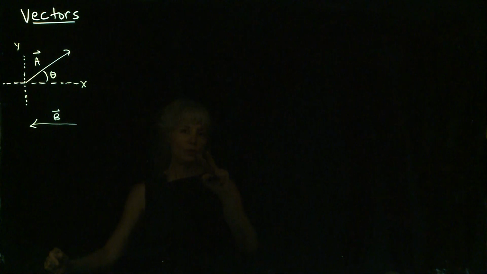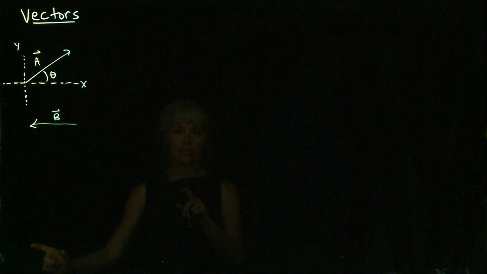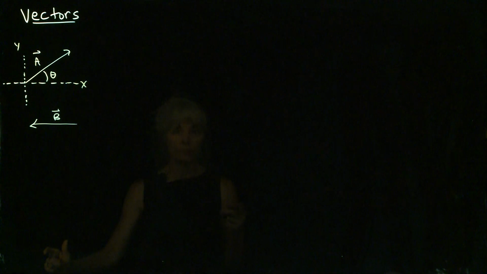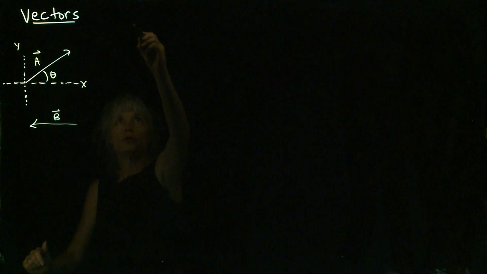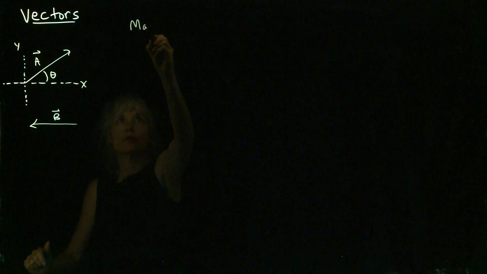So that gives you two different ways that you can actually transfer information about a vector quantity and fully define it. One is called the magnitude and direction form.